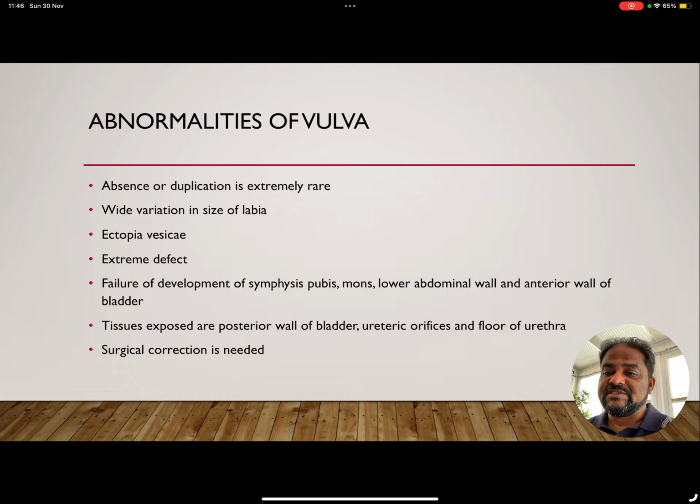So you can see the whole cloacal region is exposed. When you see the fetus, you will see that there is no mons, there is no symphysis pubis, the anterior wall of the bladder is missing, and just the posterior wall of the bladder with ureteric openings and trigone is exposed. And that's why a surgical correction is needed.